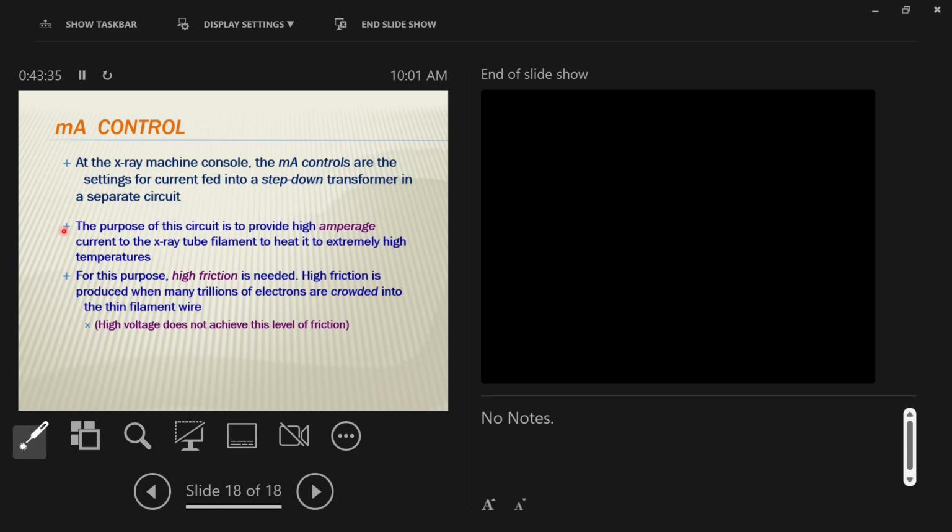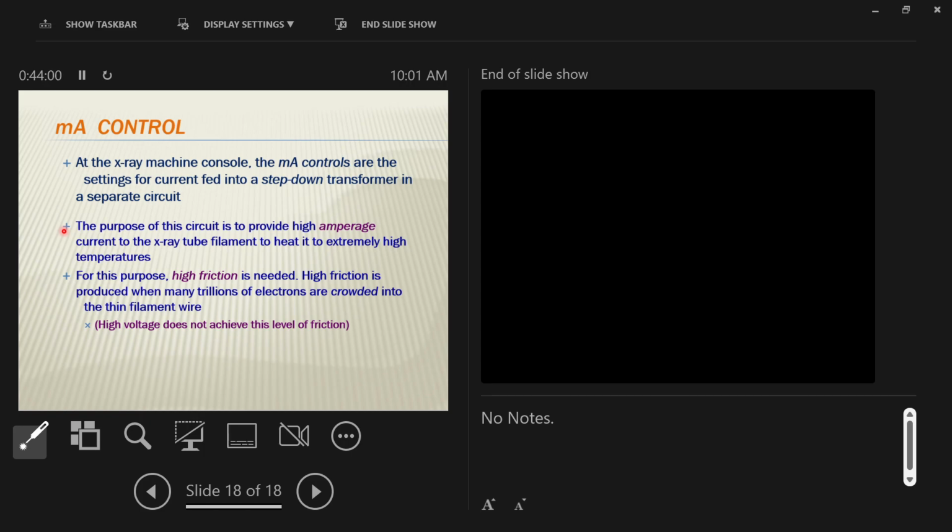This goes up, that has to go up. But because voltage is increased by raising resistance, the amperage has to decrease, okay? So in our X-ray circuits, we use thousands of volts and thousandths of an amp, okay? High voltage, low amperage. Fast moving electrons, but we don't need that many of them.